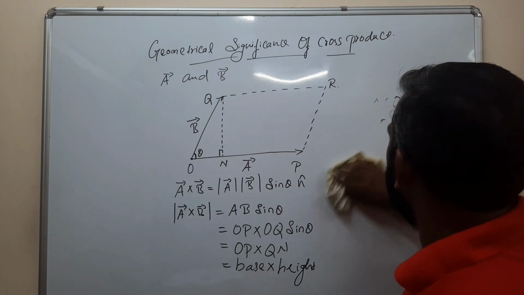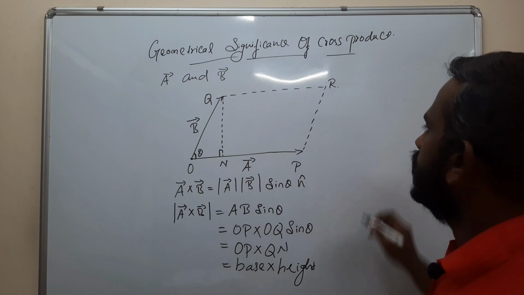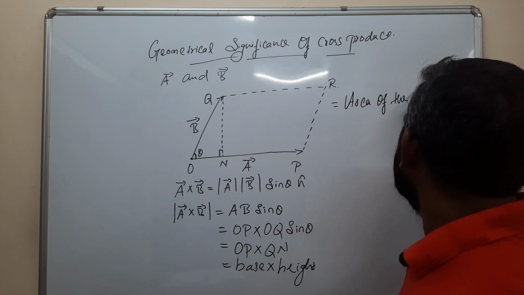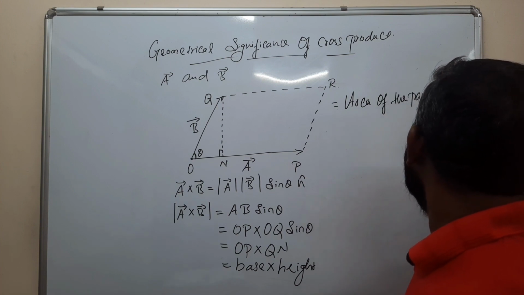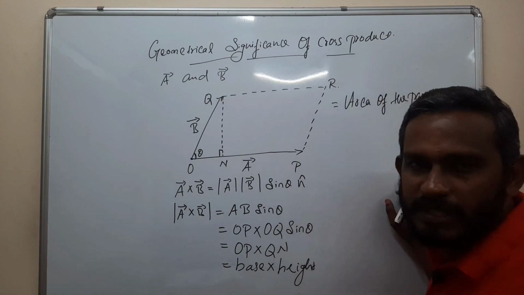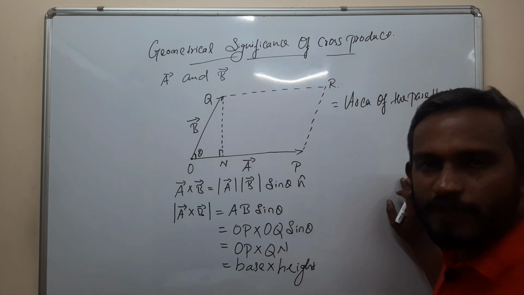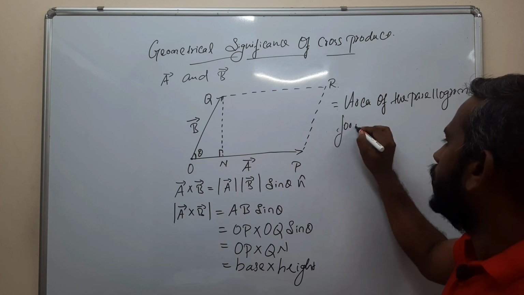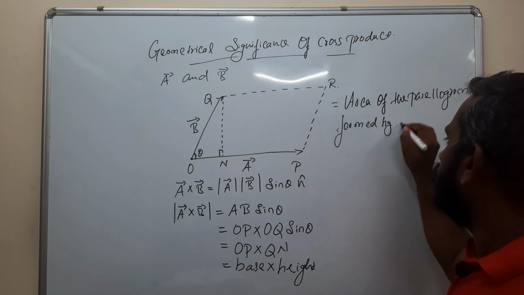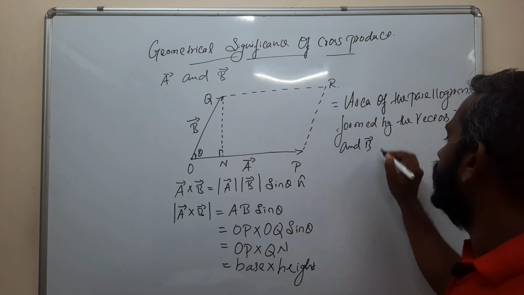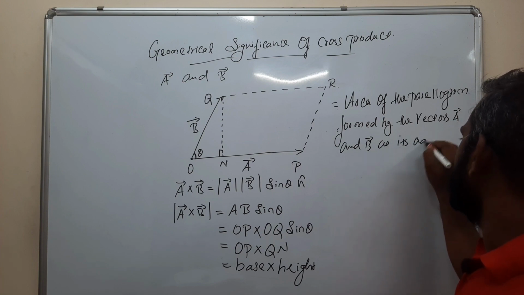So the modulus, the magnitude of A vector cross B vector, is equal to the area of the parallelogram formed by the vectors A and B as its adjacent sides.